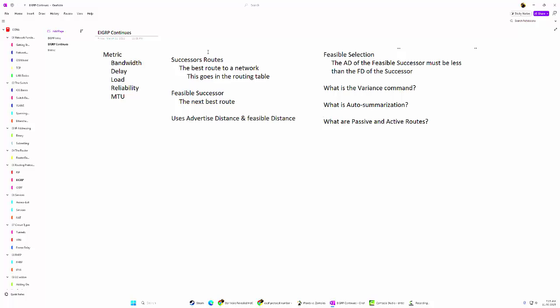Auto summarization is a concept where, if you have like 10 separate class C /24s coming off your router, auto summarization is going to take that and turn it into a 192.168.0.0 network. What that means is, and it's still going to be slash 24.